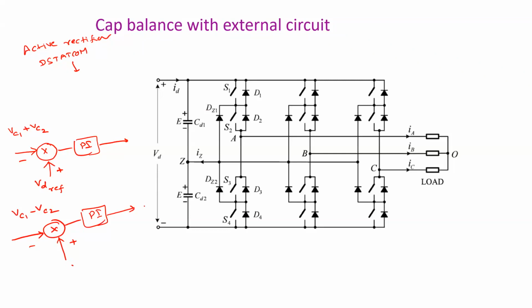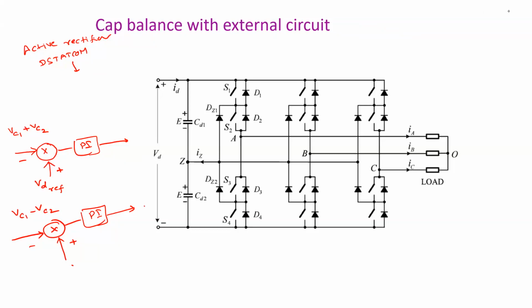What is the reference? So what is it supposed to be? Yes. The sum is equated to the VDC reference. So what should be its difference?